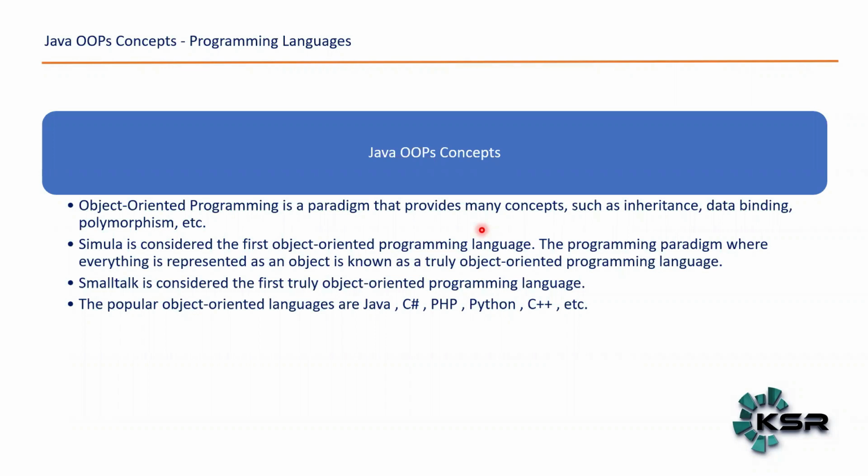So what is an object-oriented program? These things we'll see. That is what we call a purely object-oriented language. The popular languages which have been used are Java, C Sharp, PHP, Python, C++, etc. But when you're talking about enterprise design, we'll use Java only.